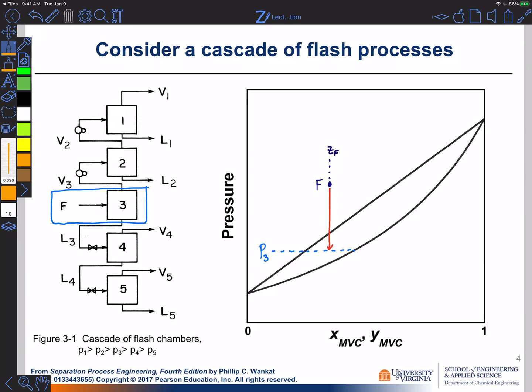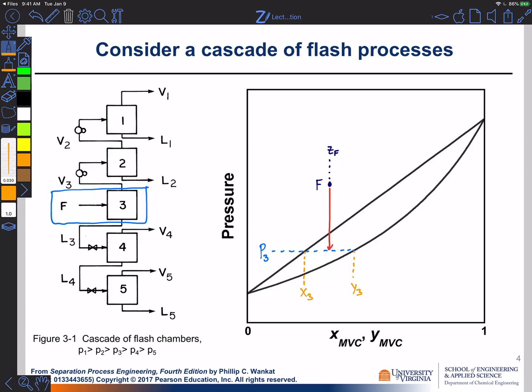In this case, we would do the separation, and we would get X3 and Y3. Those would be the liquid and vapor products coming off of that drum number 3.